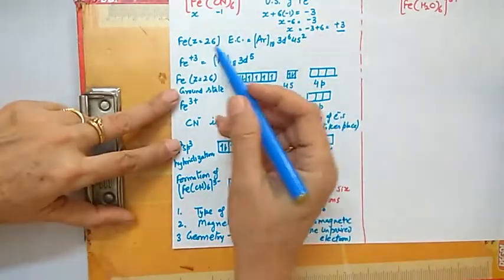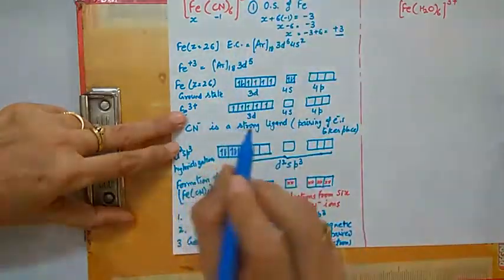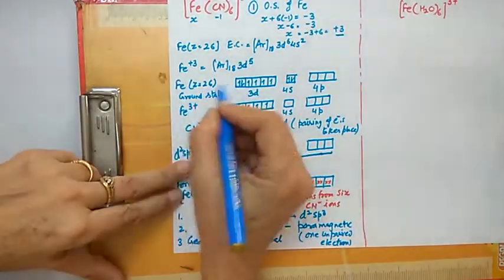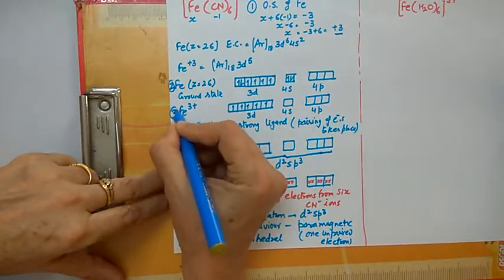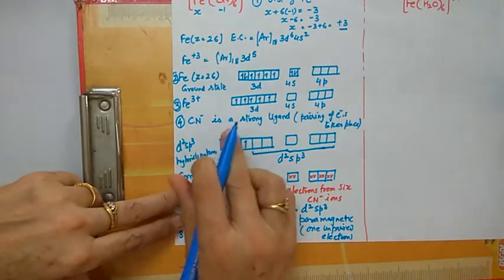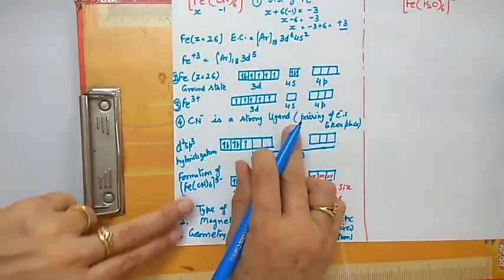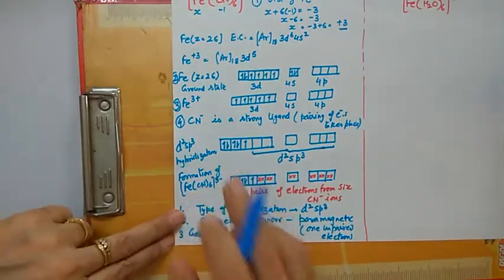So what are the steps? First step is to find the oxidation state. Then write the configuration in ground state and then in ionic state. Then fourth, identify whether the ligand is weak or strong. If it is a strong ligand, pairing of electrons will take place.